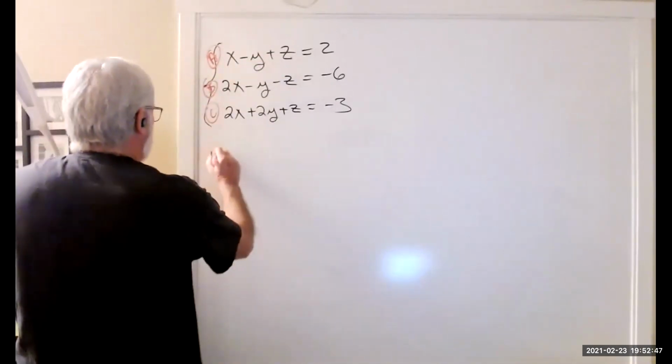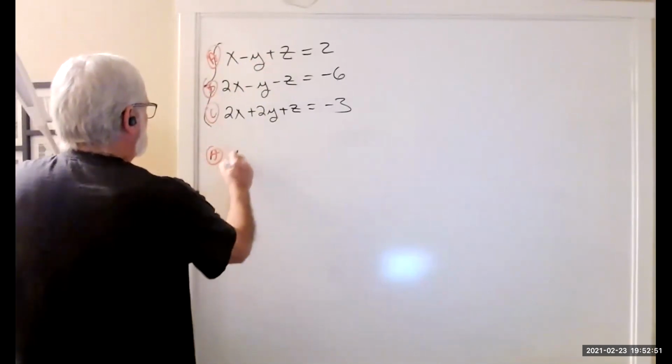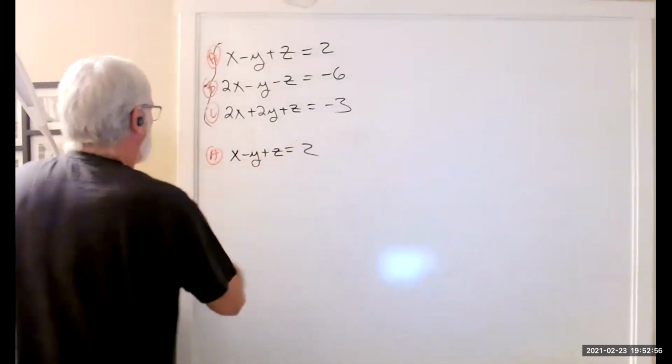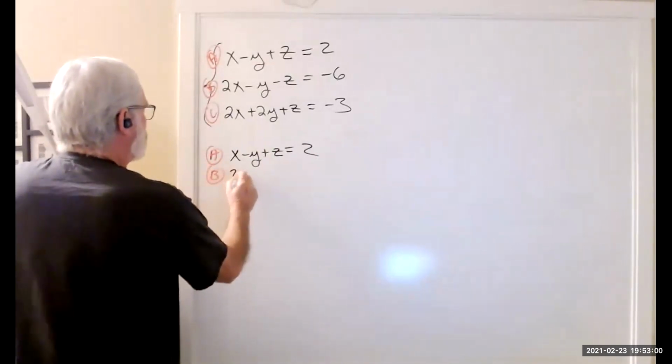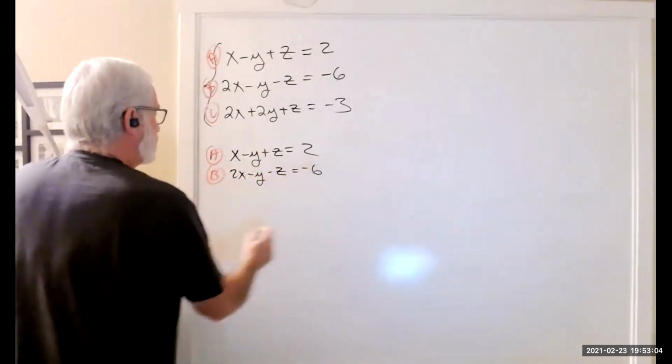You say, I'm going to take equation A, which is x minus y plus z equals 2. I'm going to take equation B, which is 2x minus y minus z equals -6.